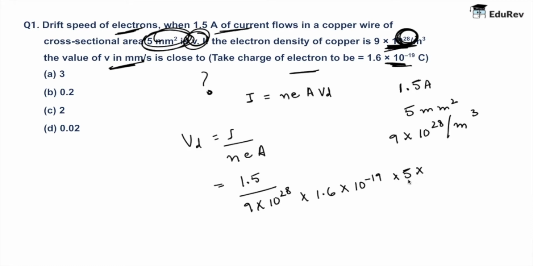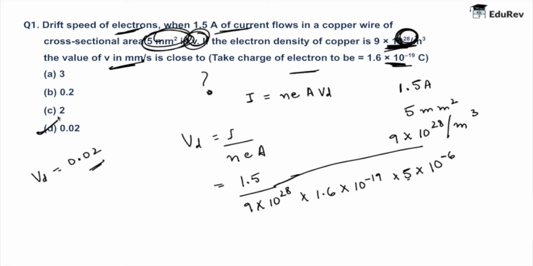So this is going to be the equation. Now when I solve it, the value of Vd is 0.02 millimeters per second. So this is going to be the answer.